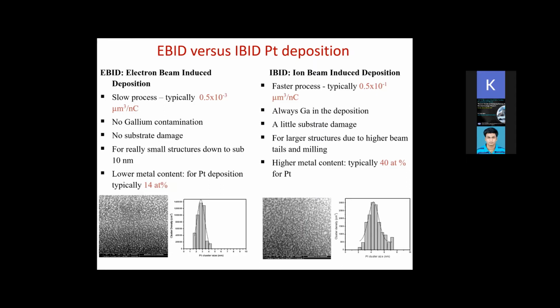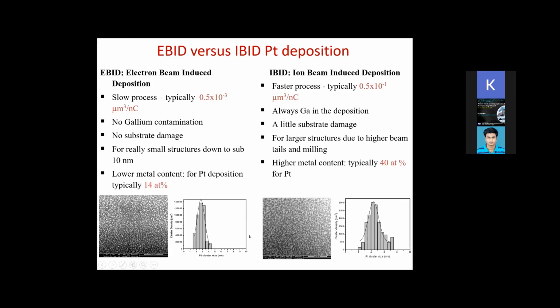Also, the ion beam does some damage to the substrate because it is doing some sputtering at the same time. That damage will not occur if you do electron beam induced deposition. So there are obviously some advantages of electron beam gaseous deposition also, apart from the ion beam deposition.